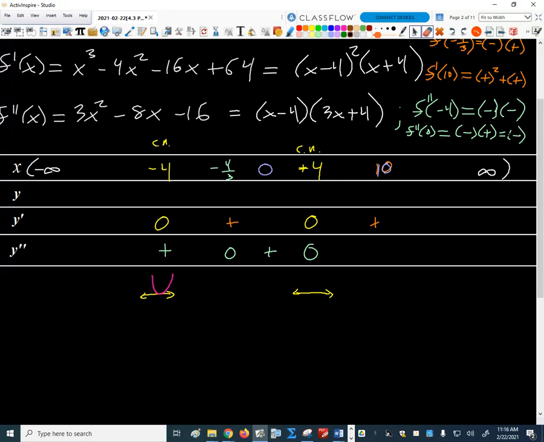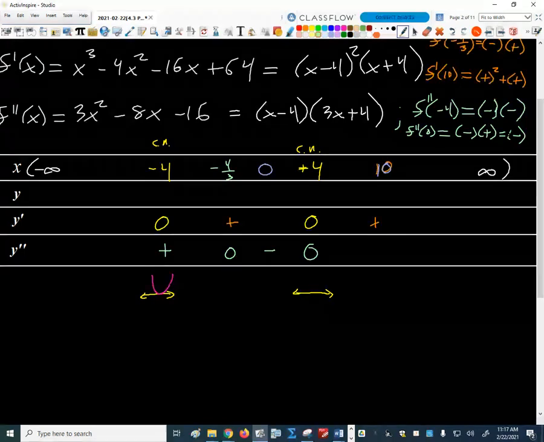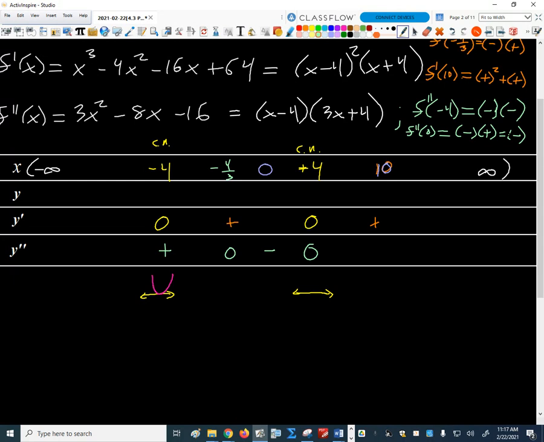You see, I had to fix that mistake. I had written the factored form of f double prime, our second derivative, incorrectly. It doesn't change very much, but it changes the sign of the second derivative at this test point.